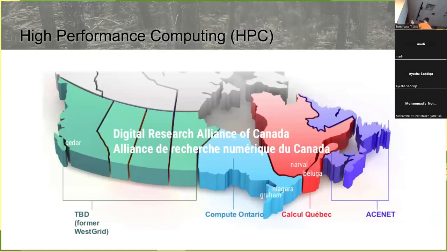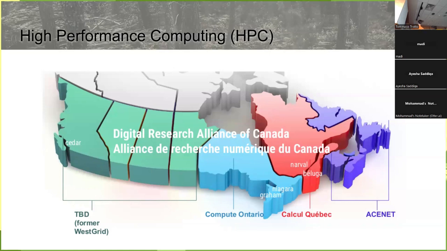Well, we have the Digital Research Alliance of Canada that came to help. These are high performance computing clusters that are distributed across Canada from Vancouver to Halifax. We are lucky that as SFU, we have a close one called Cedar, with the ability of accessing clusters within one project for the lower part of the country.